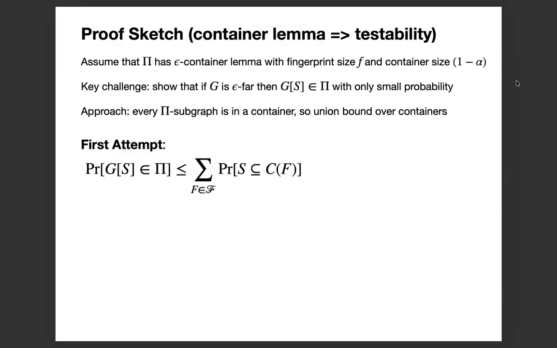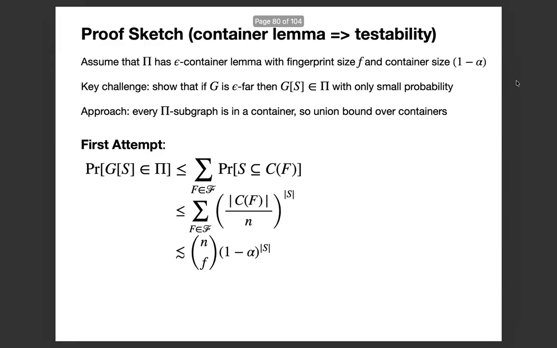Here would be a first very natural attempt. We're trying to upper bound the probability that our induced subgraph is in pi. You can do a union bound over all the fingerprints, which is effectively a union bound over the containers, of the probability that your sample is from the container. Does that make sense? In order to find a pi subgraph, it has to come from one of the containers, so we just union bound over them. We can rewrite this as: you have to get every single vertex in your sample from the container, and that's the probability.